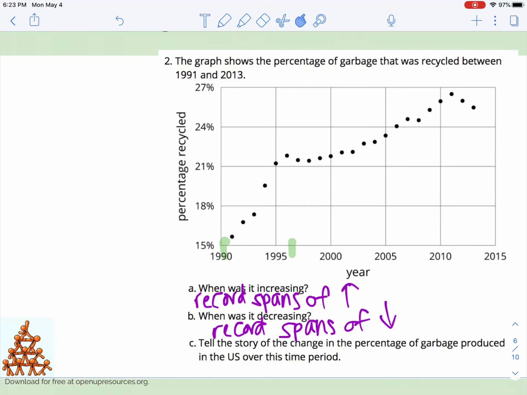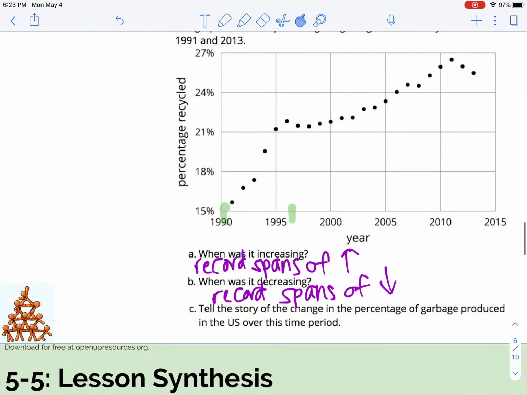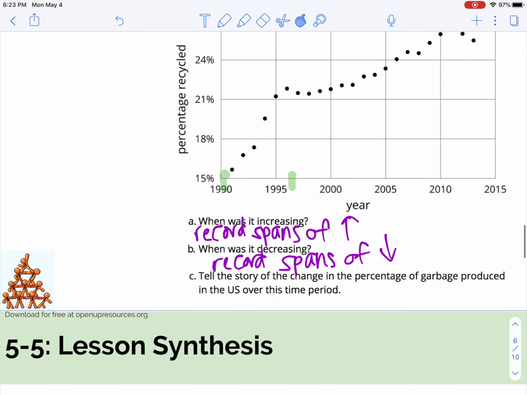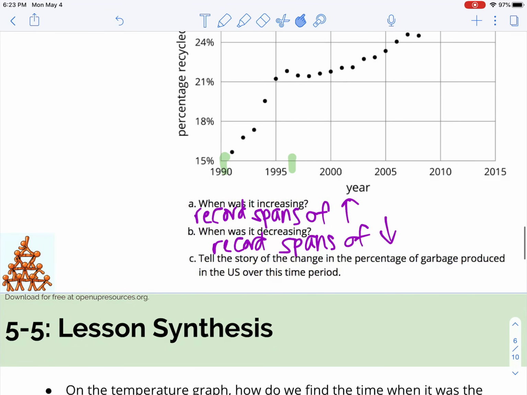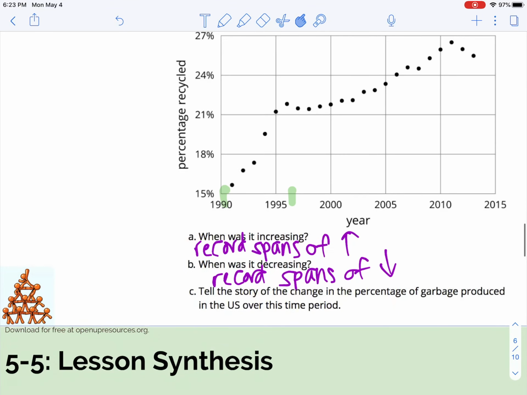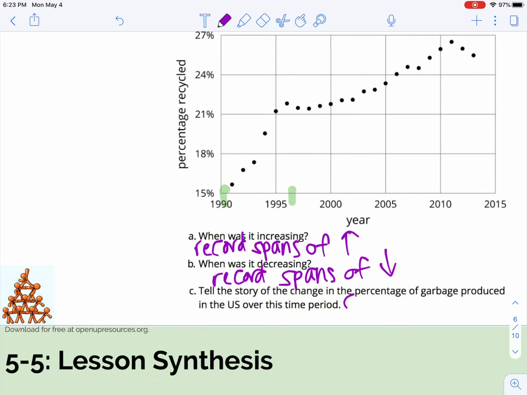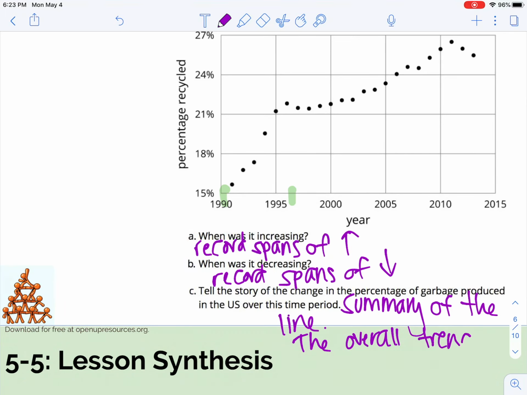So just give me years according to what's going on. And if it helps you, you can trace the line. Tell the story of the change in the percentage of garbage recycled in the U.S. over this time period. So here you're going to just give a summary of the line. So you're going to say like, the overall trend was what? An increase, right?